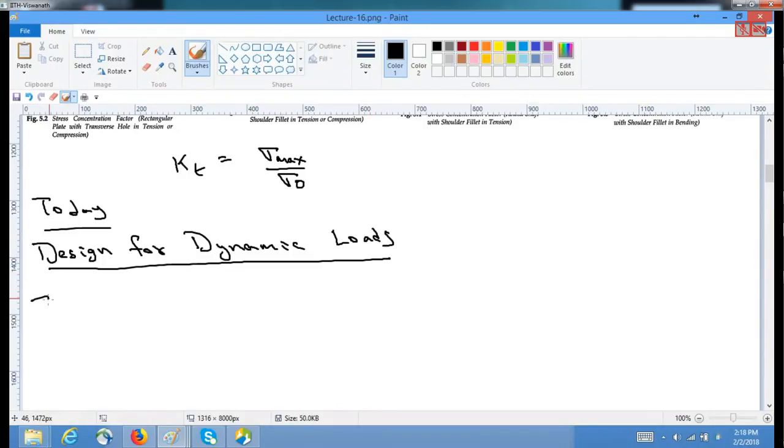A dynamic load can be a repeated loading or variable loading.